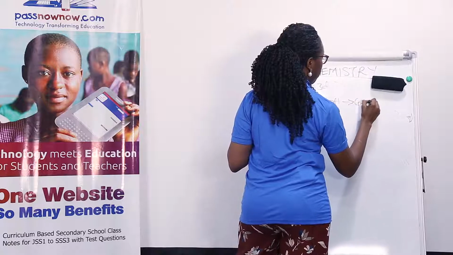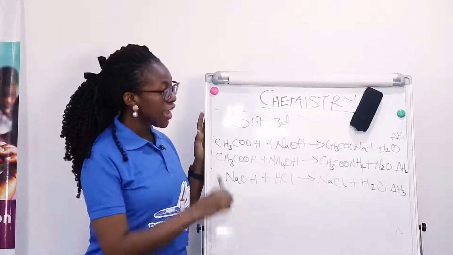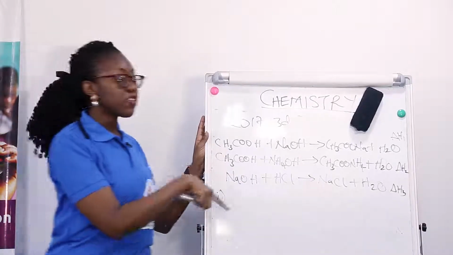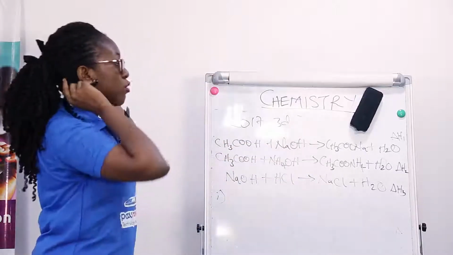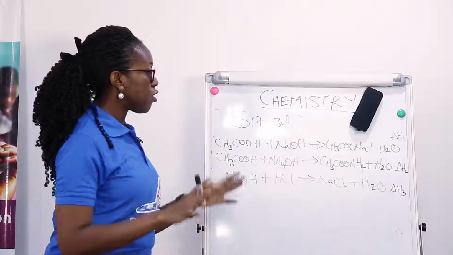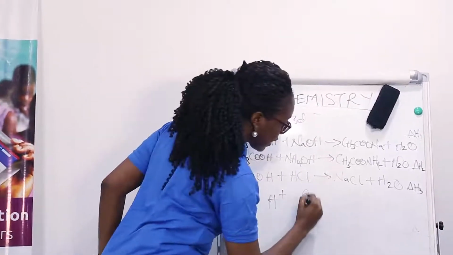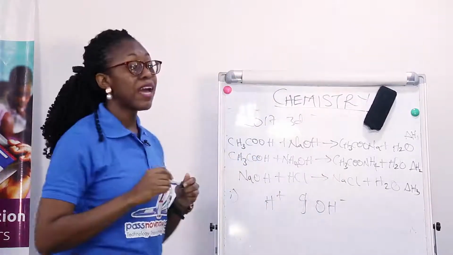The I part of this question asked us to arrange the enthalpy changes for the reactions in order of increasing magnitude. Okay, so neutralization reaction is a combination of hydrogen ions and hydroxyl ions to form water molecules.